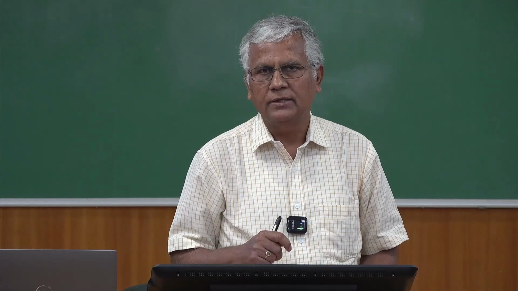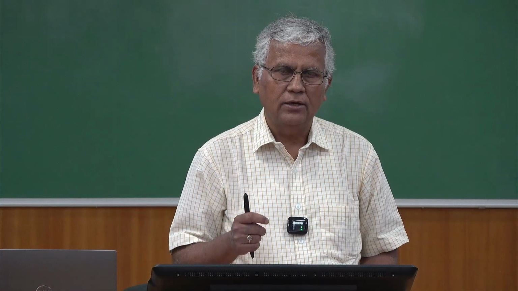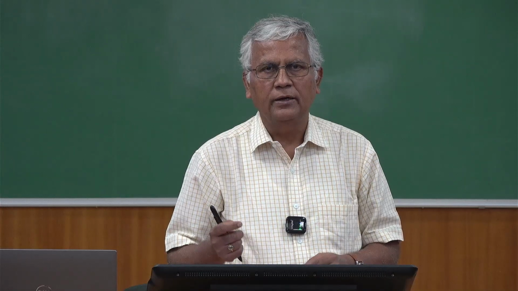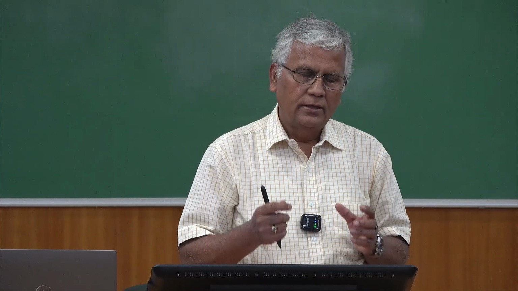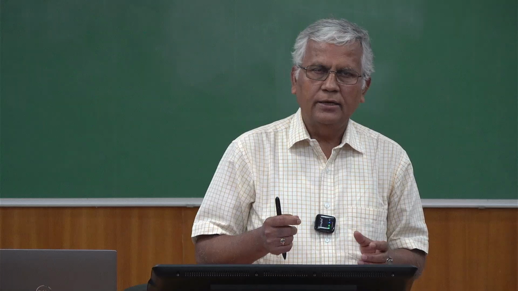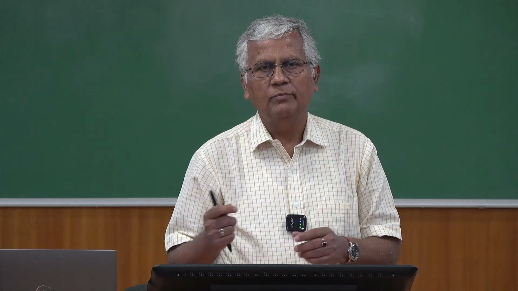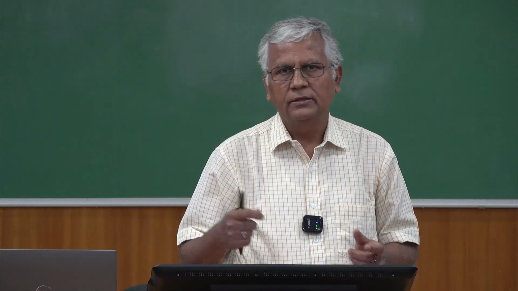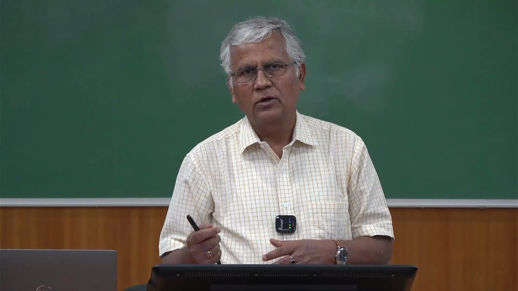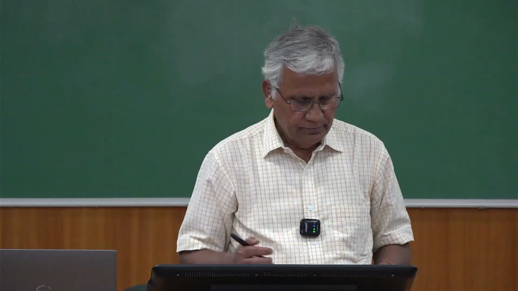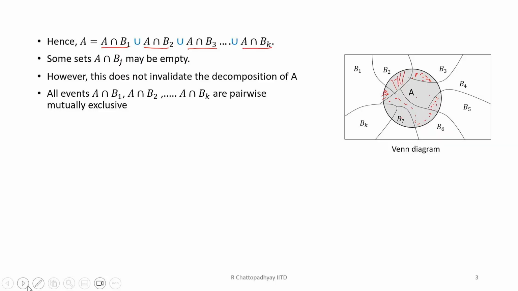I cannot get head and tail simultaneously. It is not possible. In a given experiment, I will only get either one or the other. So while tossing a coin, getting a head or getting a tail are mutually exclusive. If head occurs, then tail cannot occur, or if tail occurs, then head cannot occur. That is what is known as mutually exclusive events.